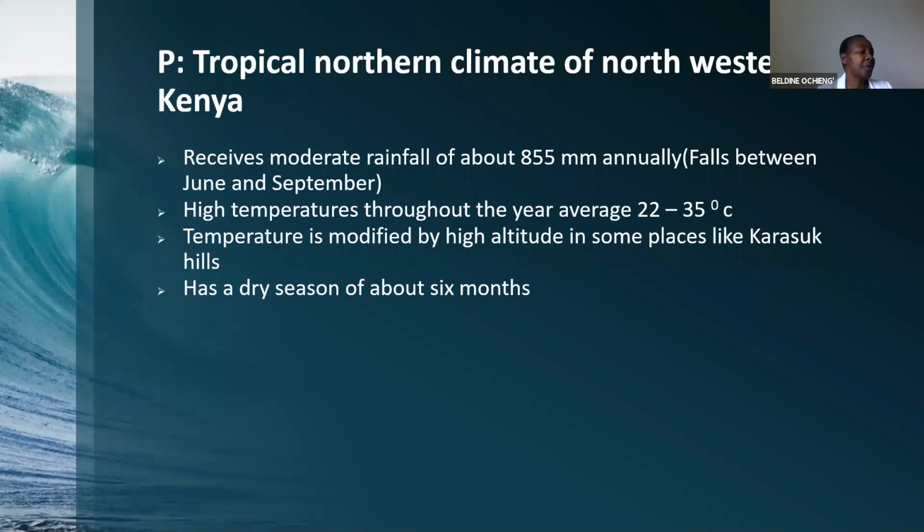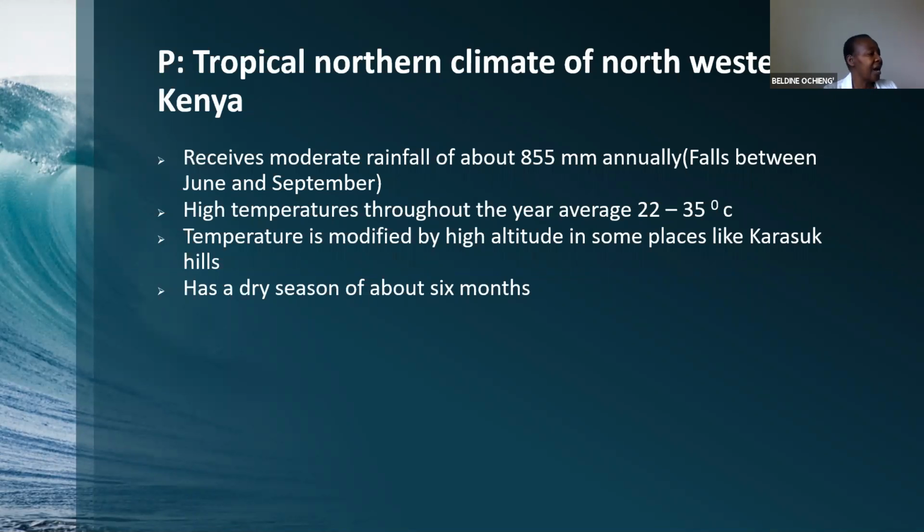High temperatures throughout the year, averaging 22 to 35 degrees Celsius. Temperature is modified by high altitude in some places like Karasuk Hills around Mount Elgon, where the temperatures are modified by the altitude.